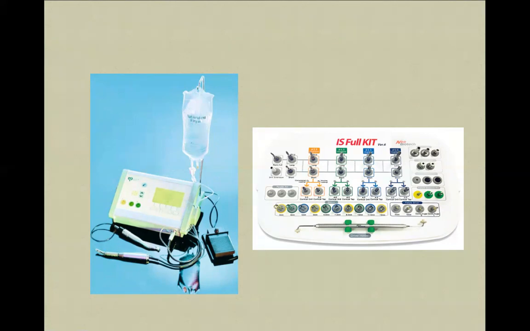If the temperature of the bone increases by more than 4 degrees Celsius, you will face necrosis of the bone. Okay? And that will interfere with the biological integration of the implant inside the bone. That will be failure.